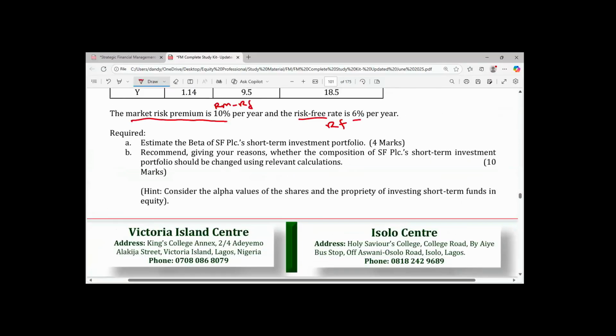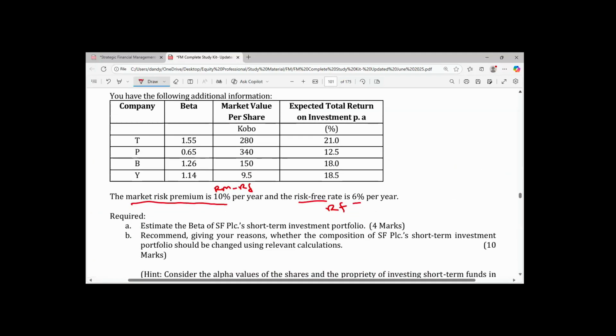So in requirement A, you have to estimate the beta of SFPLC's short-term investment portfolio. Remember, in this question, the examiner has already given you the beta factor of each individual security in the portfolio. So the examiner is now asking you to calculate the overall beta of the portfolio. Which method are you using to calculate your beta factor of the portfolio?